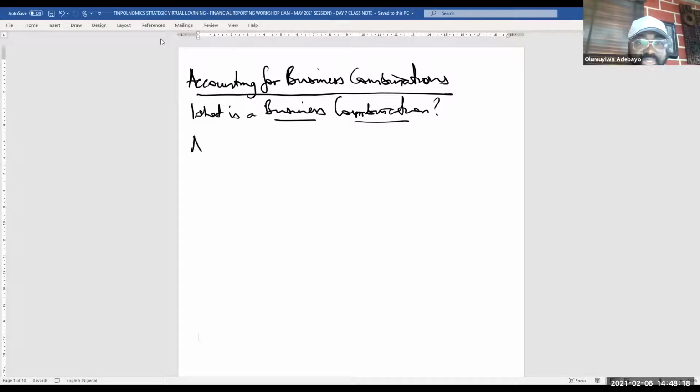A business for this purpose, how is it being defined? Because we didn't say company combination, we talked about business combination. And what this is telling us is that not all companies may qualify as a business. I repeat, not all companies may qualify as a business.